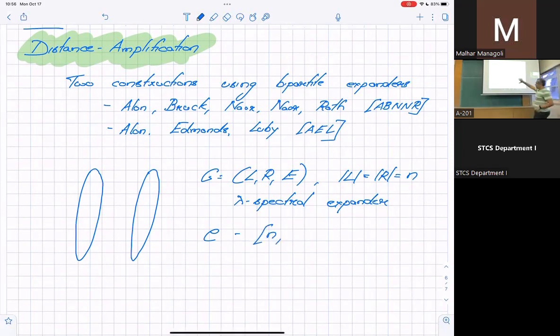Therefore, the code is residing on this side. Block length is n, its rate is r, so it has size r times n, and its distance is delta times n. For convenience, for now let me think of it as a Boolean code, but this would have worked over any alphabet.